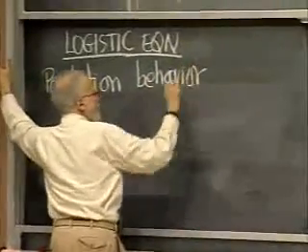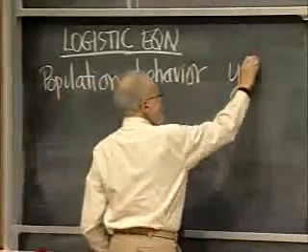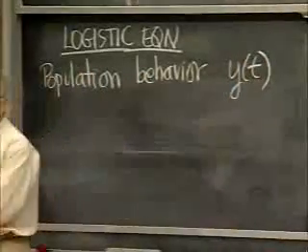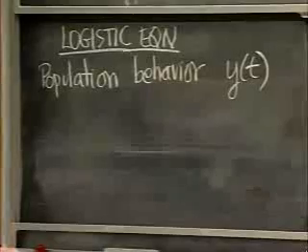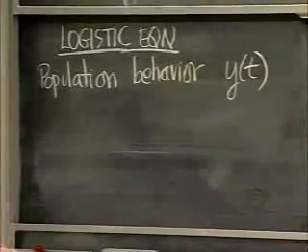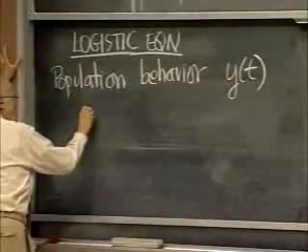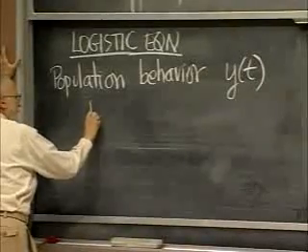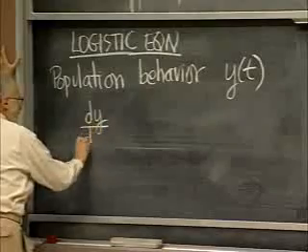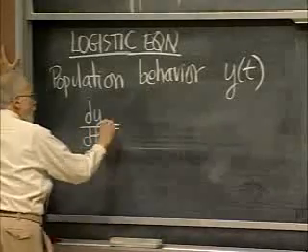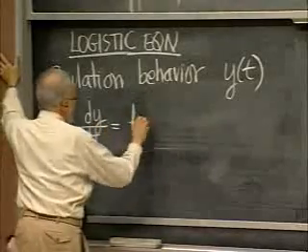Let's call it y, the only thing I know to call anything today, but of course your book uses capital P for population to get you used to different variables. Now, the basic population equation runs dy/dt equals k y. There's a certain growth rate, let's call it k.